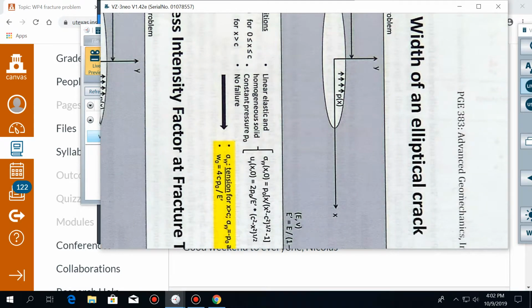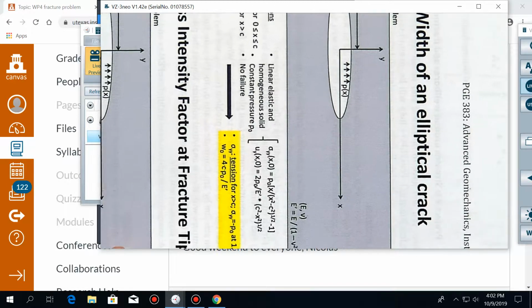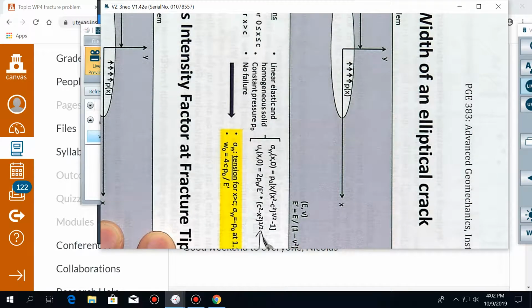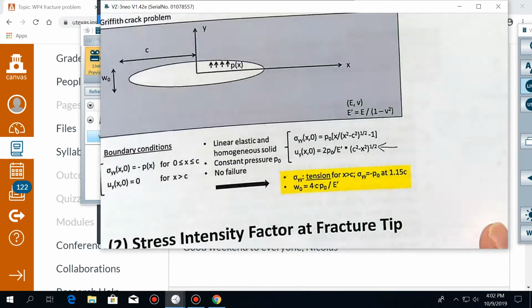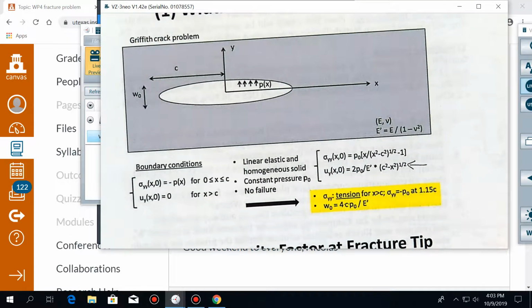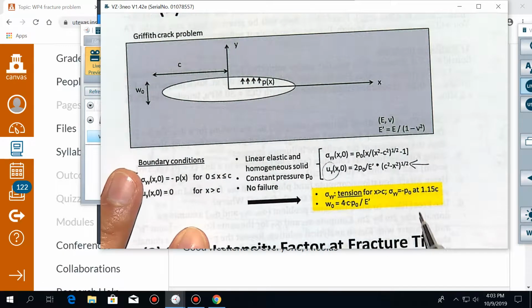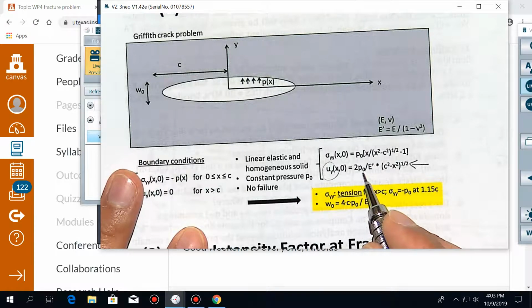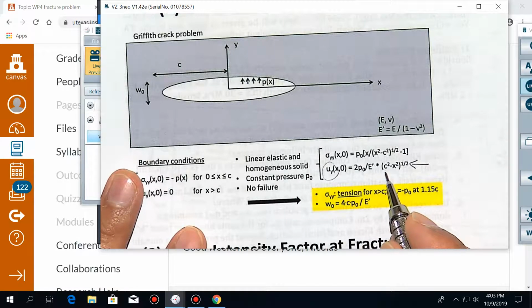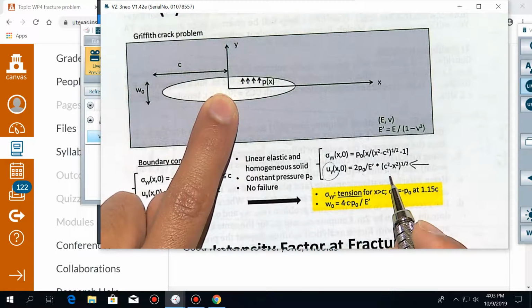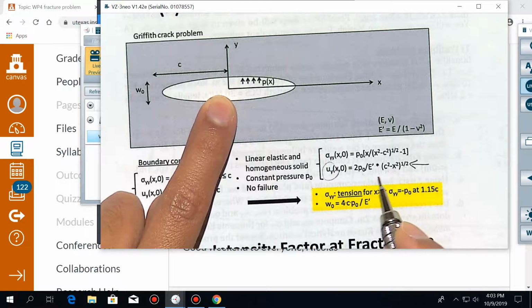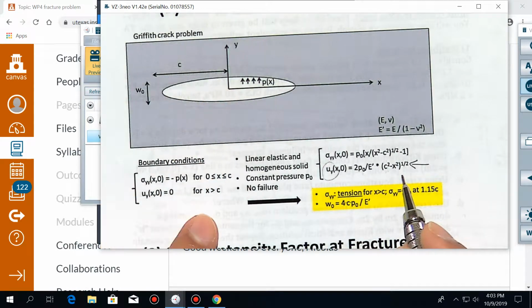The displacement in direction y, that's why it's called uy, is a function of the pressure in the fracture divided by the plane strain modulus times the fracture half length squared minus distance from the center of the fracture. And this is valid for points inside the fracture.